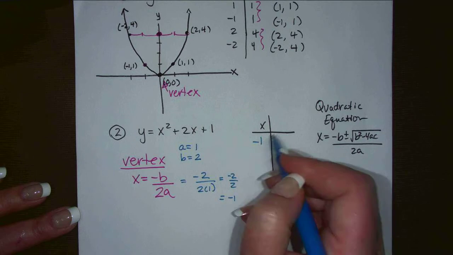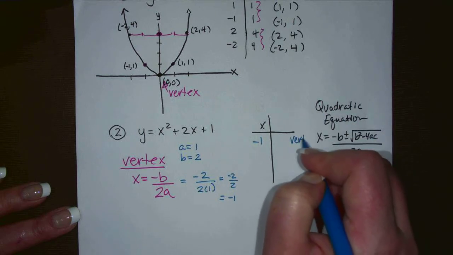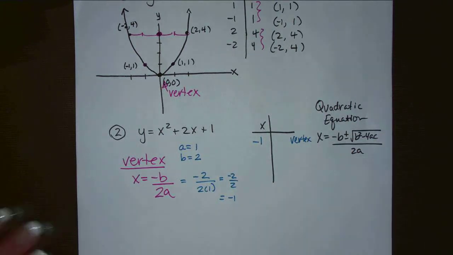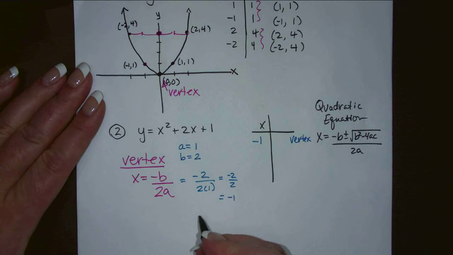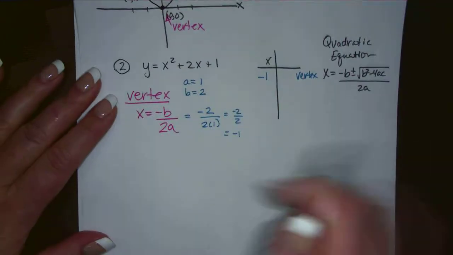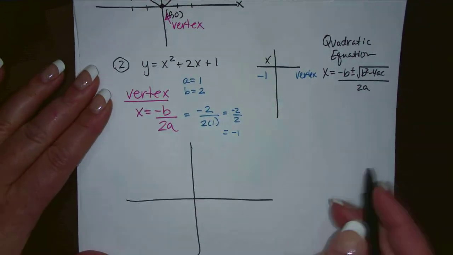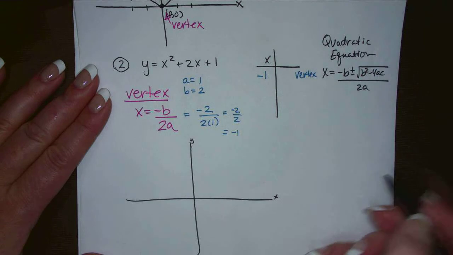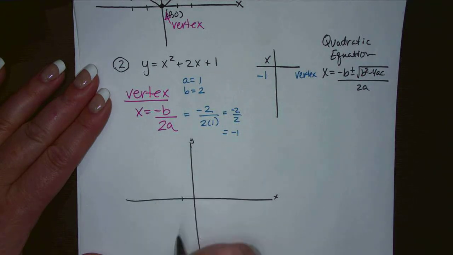So negative 1 is going to be the vertex, that point. Now all we need to do is find a point on either side of that, and it'll give us the equal height. So just draw an x and y axis here. Negative 1 is over here. So the vertex is going to be somewhere around there. We don't know the y value yet.